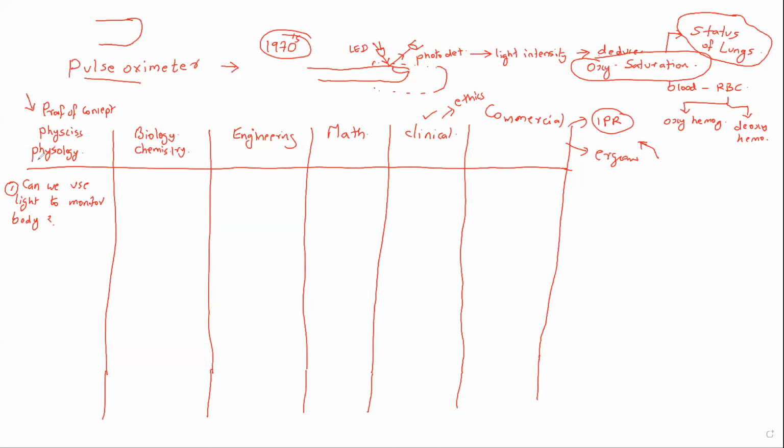So this first question contains both physics and physiology. Because we are using light, the principles come from physics, and this light has to interact with your tissue. And this tissue is basically a biological specimen. We are going to measure something related to your physiology, because blood flow is related to your whole physiology. So these two are the stakeholders in this particular question, right?